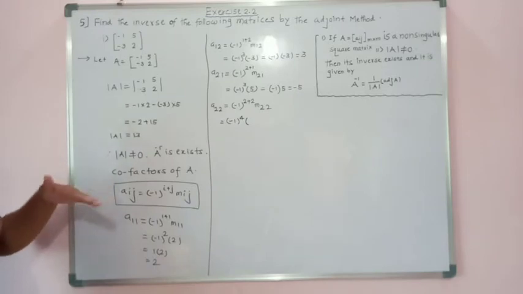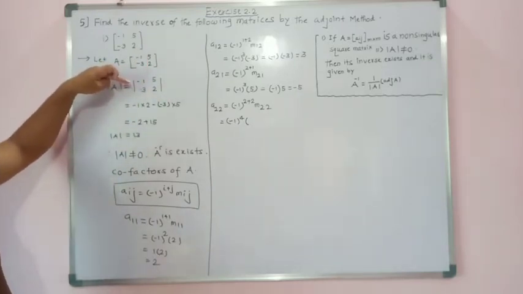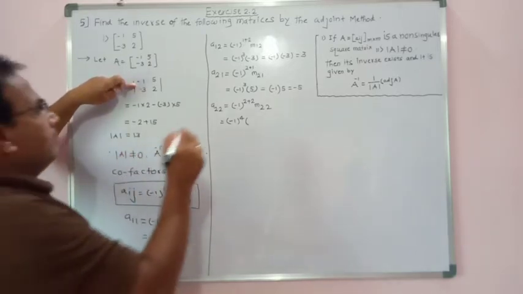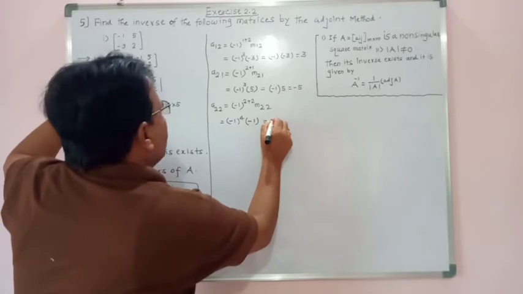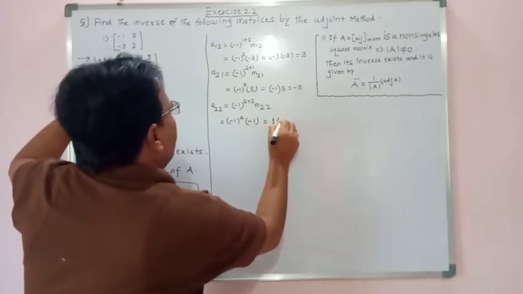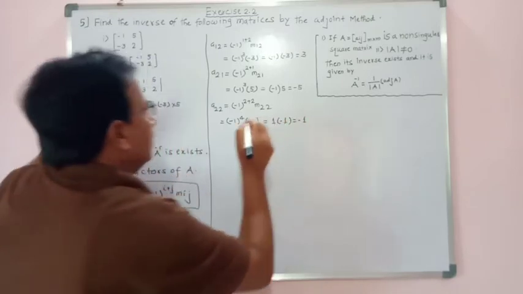What is the value of M22? Leaving off second row and second column, this minor is -1. M22 is -1. -1 raised to 4 is plus 1, into -1. This cofactor is -1.